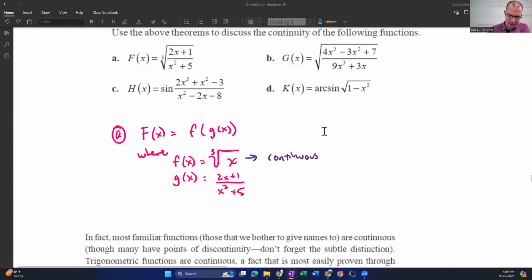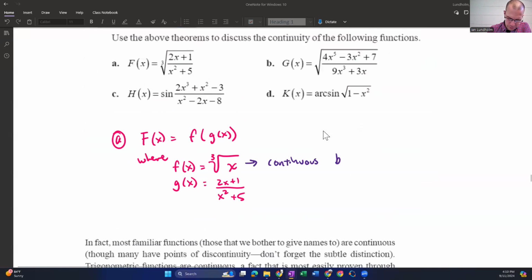We could see that this is continuous because the cube root of x has an inverse, x cubed, and x cubed is a polynomial. It's nice and continuous. So that's one way that we could justify that this is continuous.